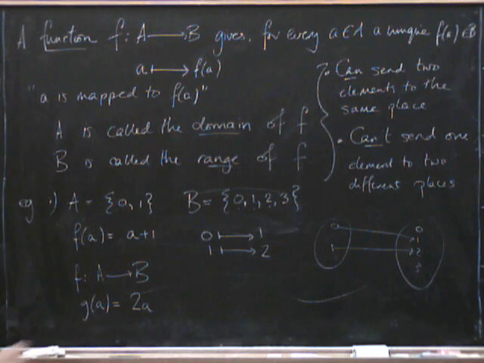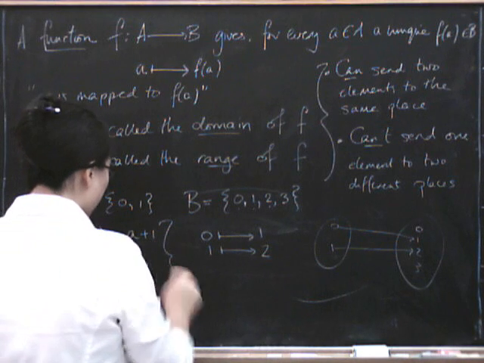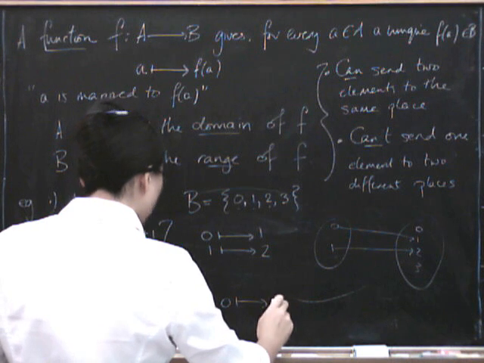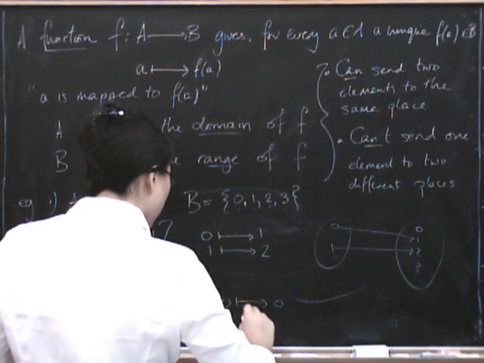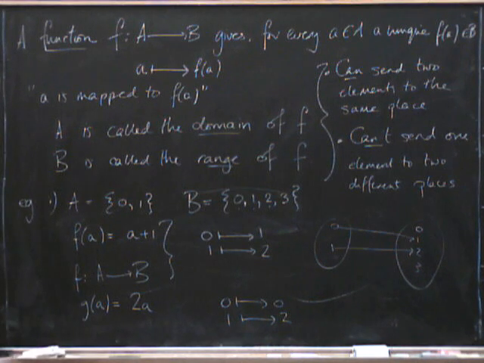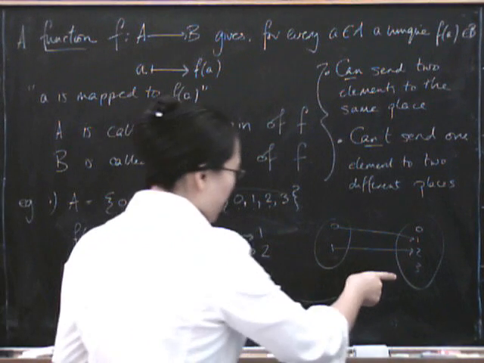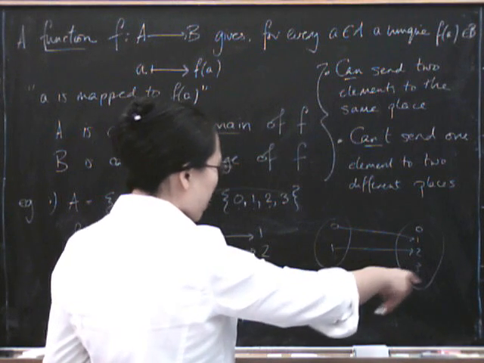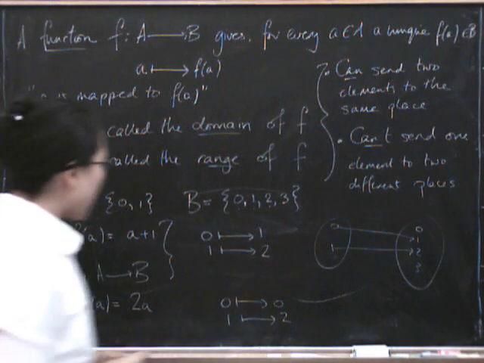That's a perfectly good one as well. So this function gave that answer. And this one gives 0 will go to 0, 1 will go to 2. So still, not everything will get hit on that side, right? Nothing will hit 1 and 3, but that's okay.